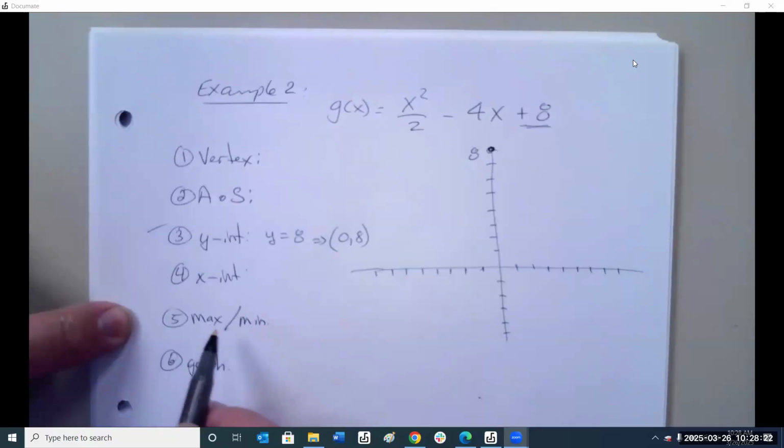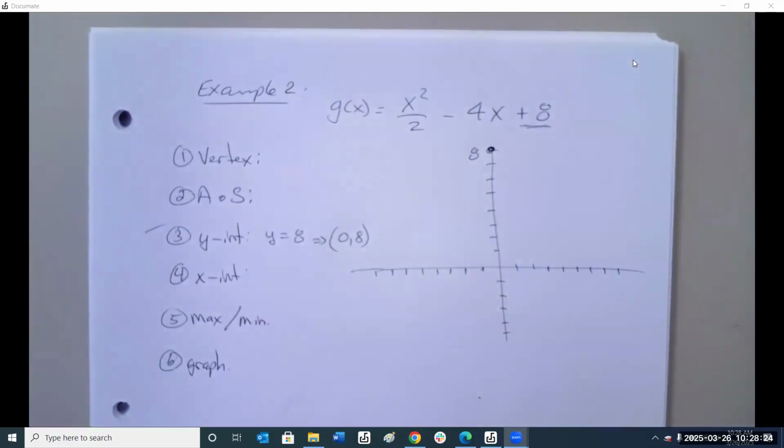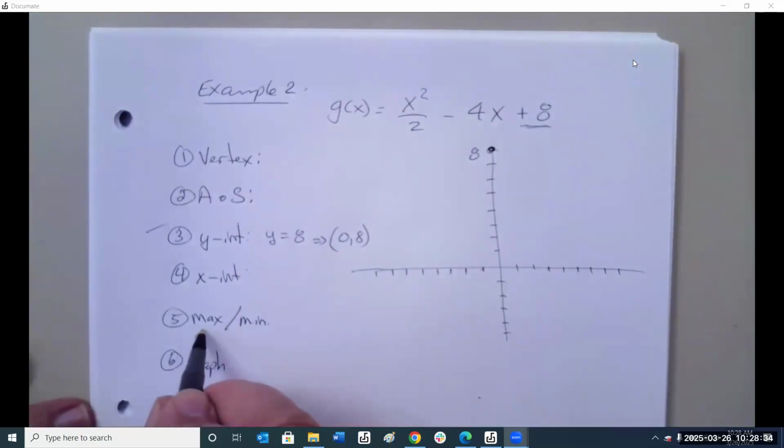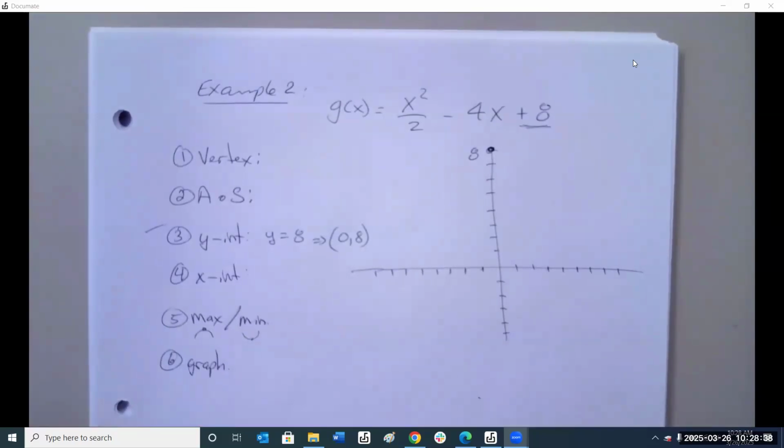Now, the next easy one is max or min. How do we know if it's a maximum? What does it have to look like? If it's a maximum, it's got to go down. If it's a minimum, it has to be up. Is there any way we can determine which one of these two graphs we have?